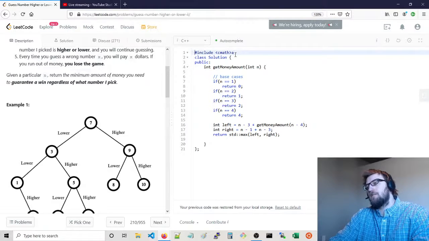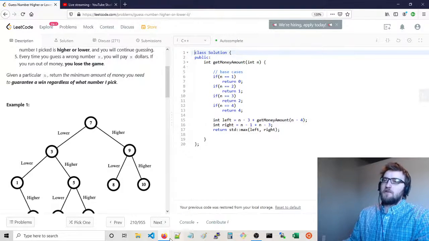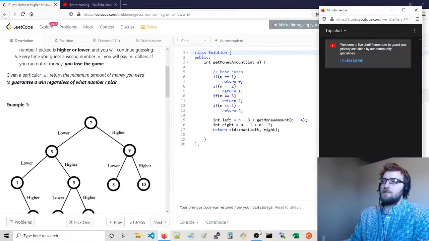We don't need this math library anymore, do we? We don't. What I'm looking to do is, let me just check something before we keep going.